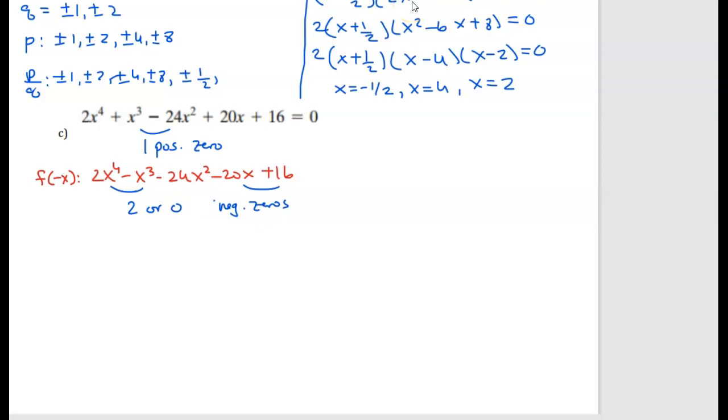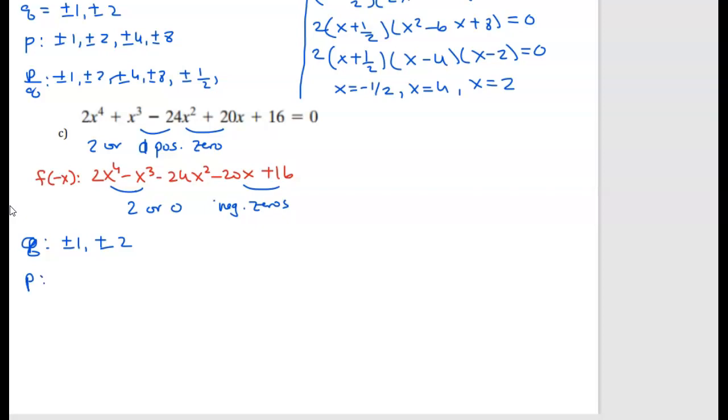Let's see. Oh, 2 sign changes. 2 or 0. Yeah, there's 2 sign changes here. So 2 or 0 negative zeros. Alright, so my Q is 2, so plus or minus 1 and plus or minus 2.